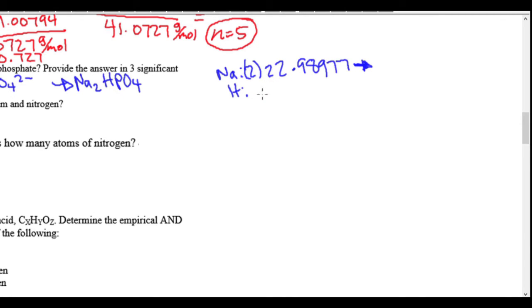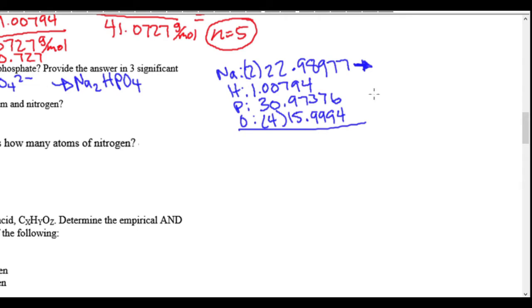But okay, for hydrogen, it's 1.00794. Phosphate, that is that mass. And then oxygen, there's 4 times the mass of oxygen, which is 15.9994.